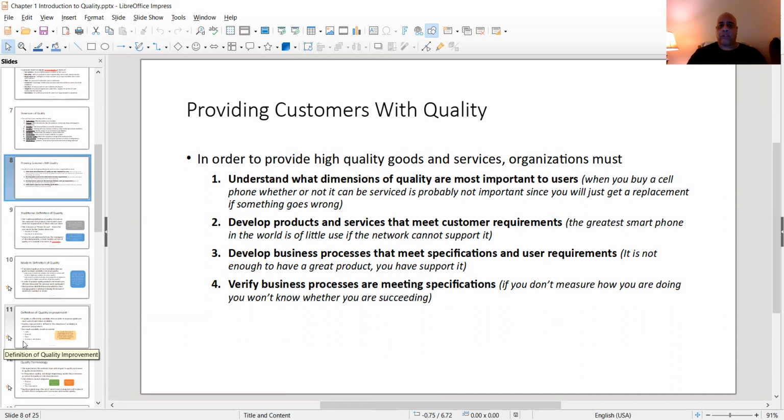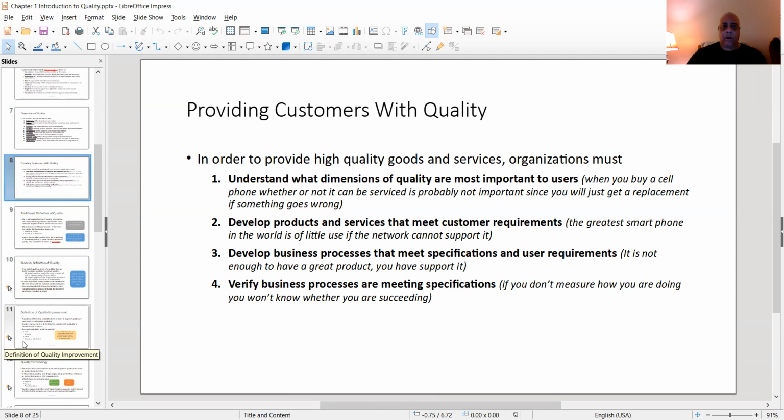Develop products and services that meet customer requirements. And we're going to talk about an example: the greatest smartphone in the world is of little use if the network cannot support it. Then we get into developing business processes that meet specifications and user requirements.